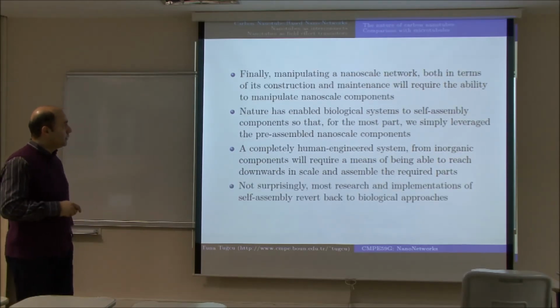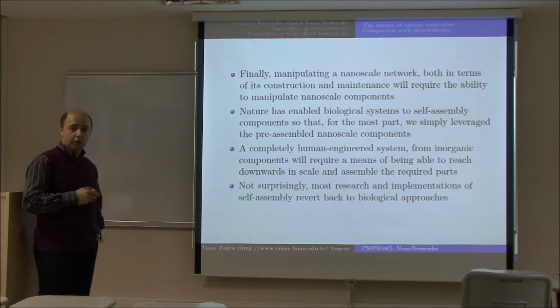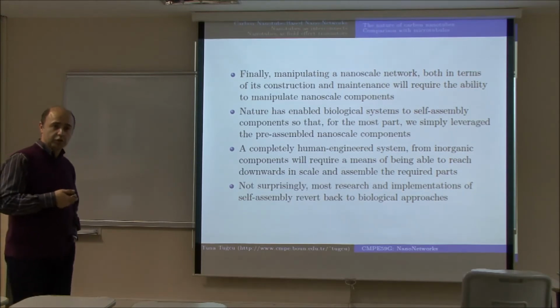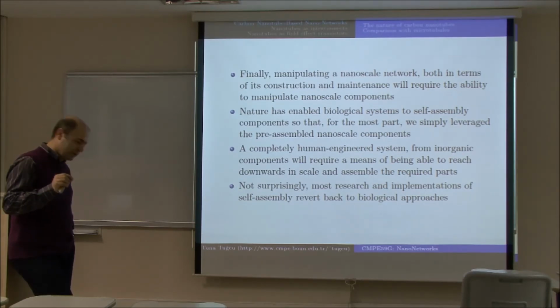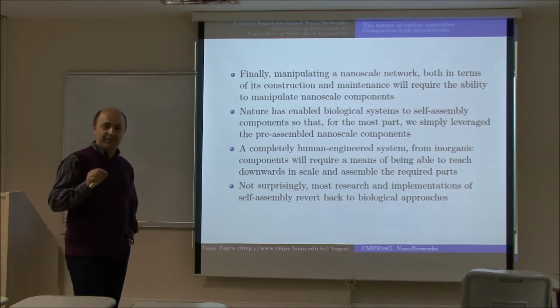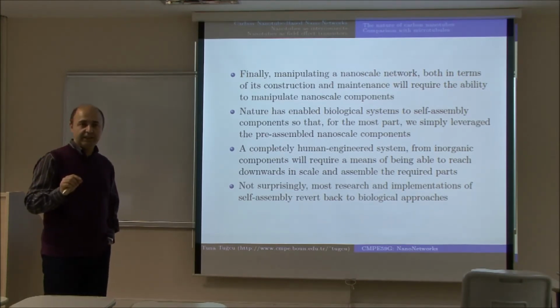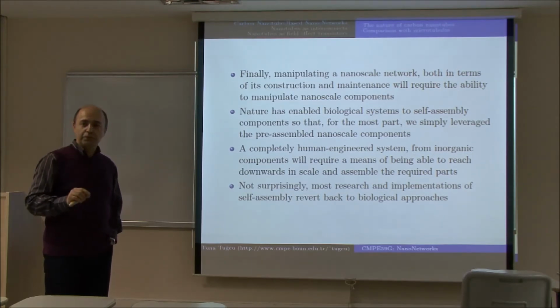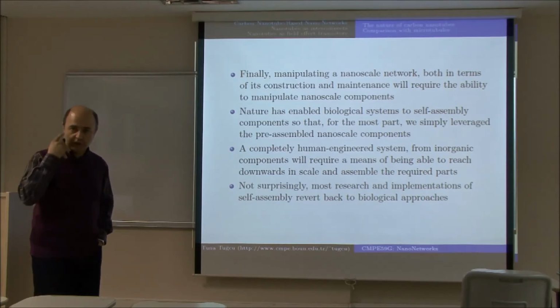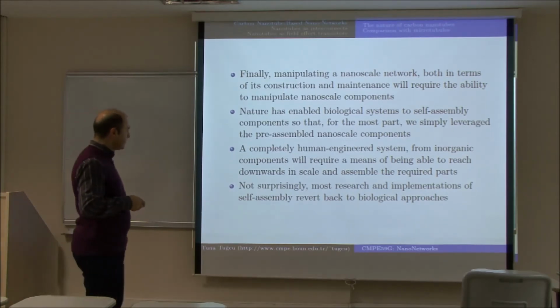So finally, manipulating a nanoscale network, both in terms of the construction of the network and also after you construct the network, maintaining that network, will require the ability to manipulate the nanoscale components. Now, that is difficult because, as we discussed earlier, we do have nanotweezers, but it is difficult to construct these nanoscale devices if you cannot hold and place one nano component beside the other to construct the larger nanoscale device.